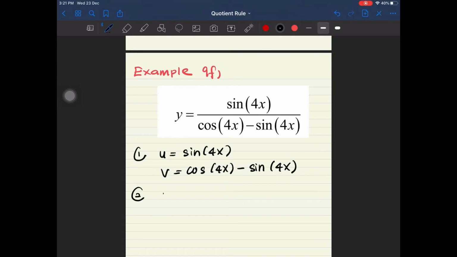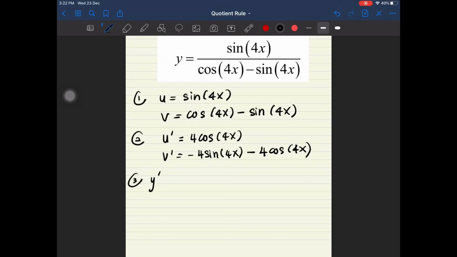The next step is to differentiate u and v correspondingly. So u prime is equal to 4 cos 4x, and your v prime is equal to negative 4 sine 4x minus 4 cos 4x.